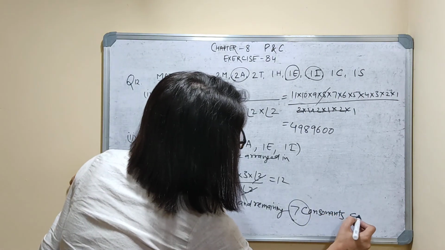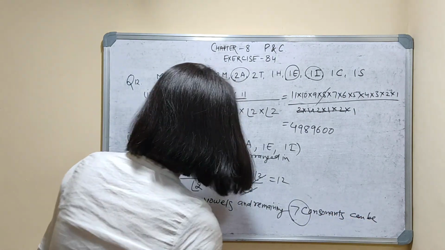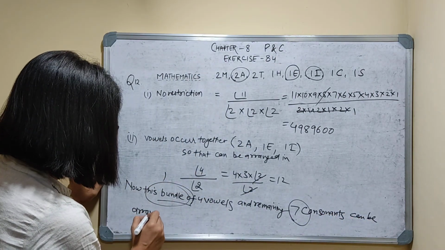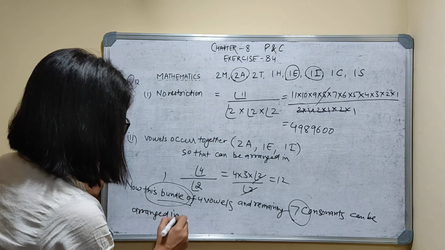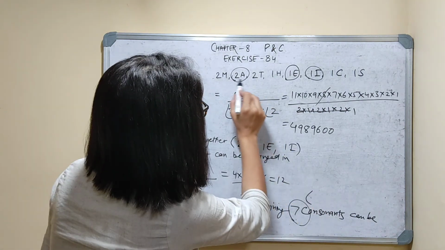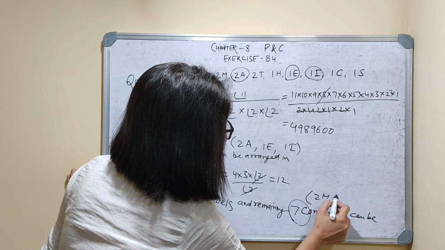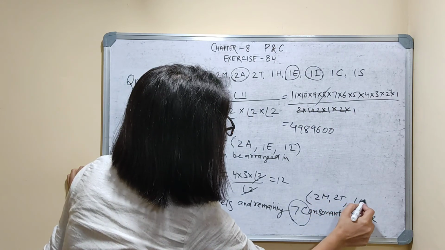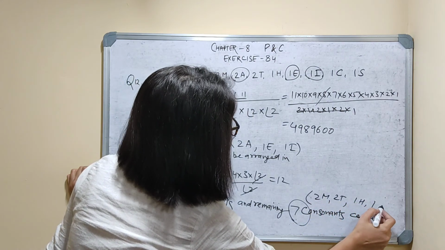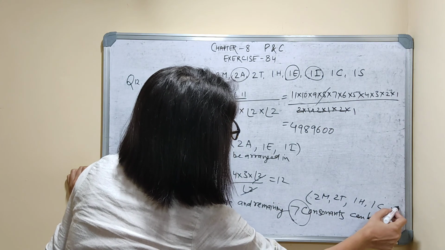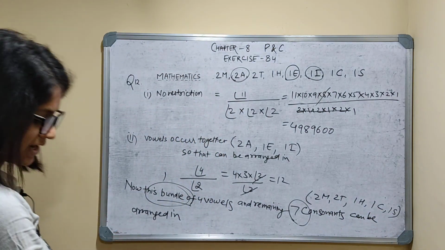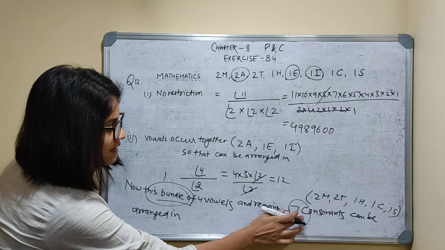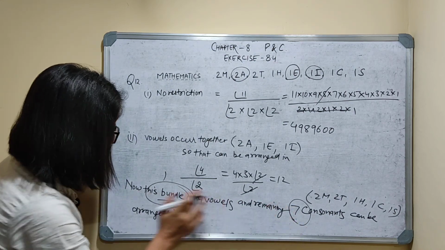Can be arranged in how many ways? The 7 consonants: 2 M, 2 T, 1 H, 1 C, 1 S. You can see 7 consonants plus this bundle, so 7 plus 1.